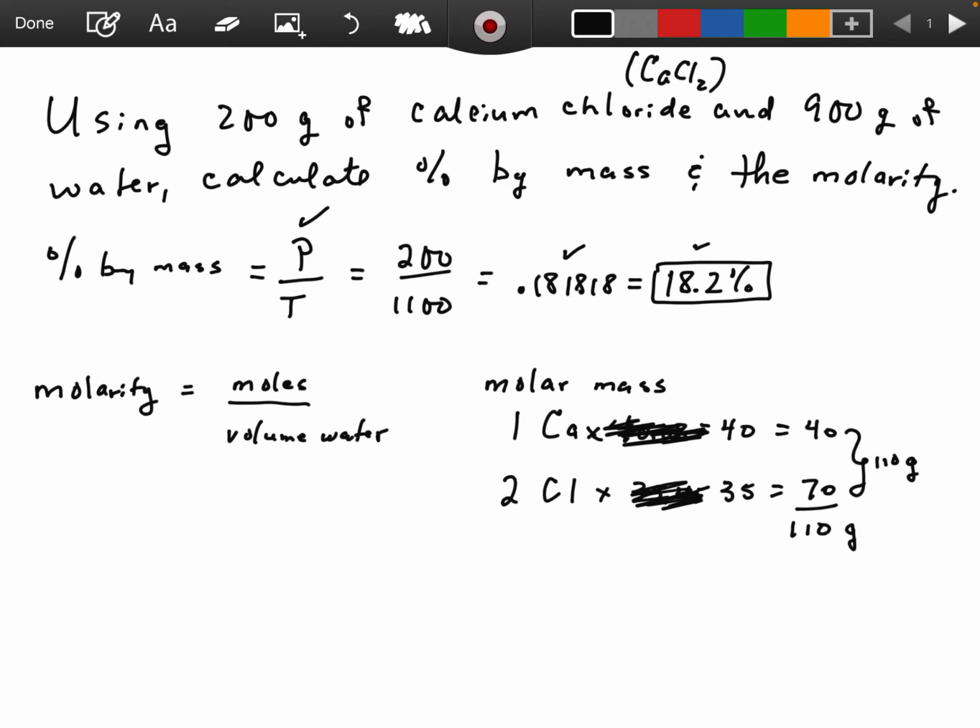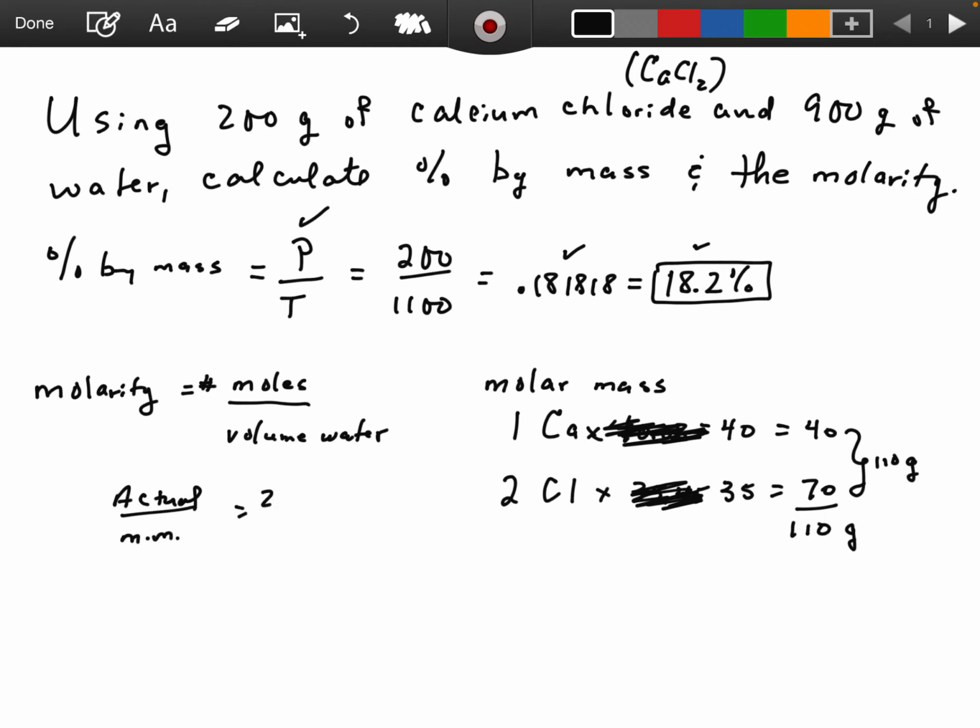So to find the number of moles, you're going to take your actual mass and divide it by the molar mass.